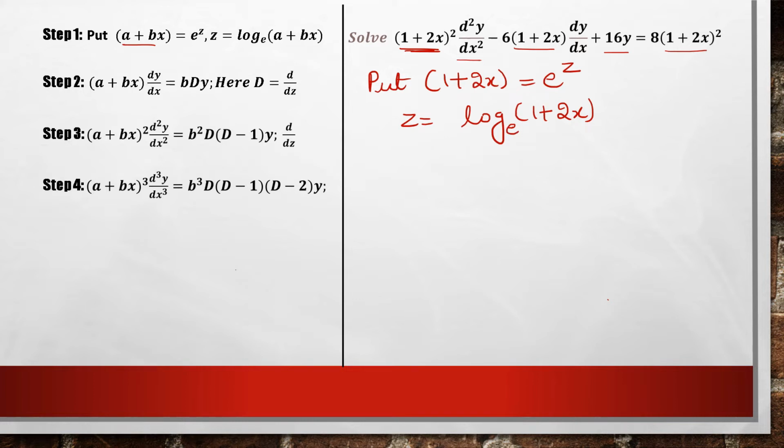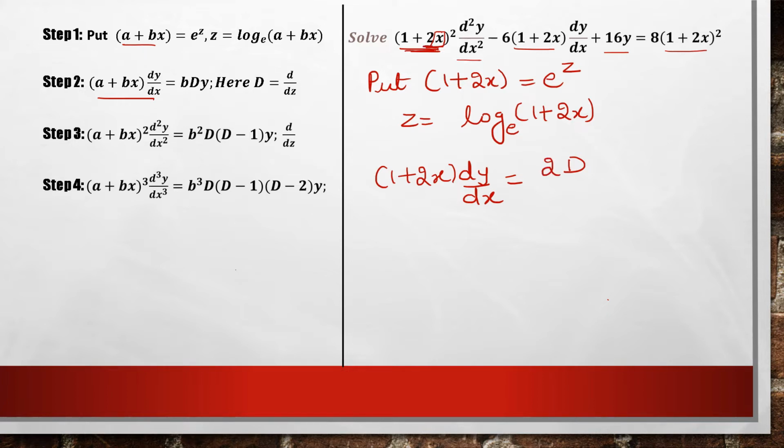Now next is the second step. Wherever we have (1 plus 2x) dy over dx, we put this derivative with respect to z along with b. What is my b here? b is the constant which you have along with x. So here b is 2.